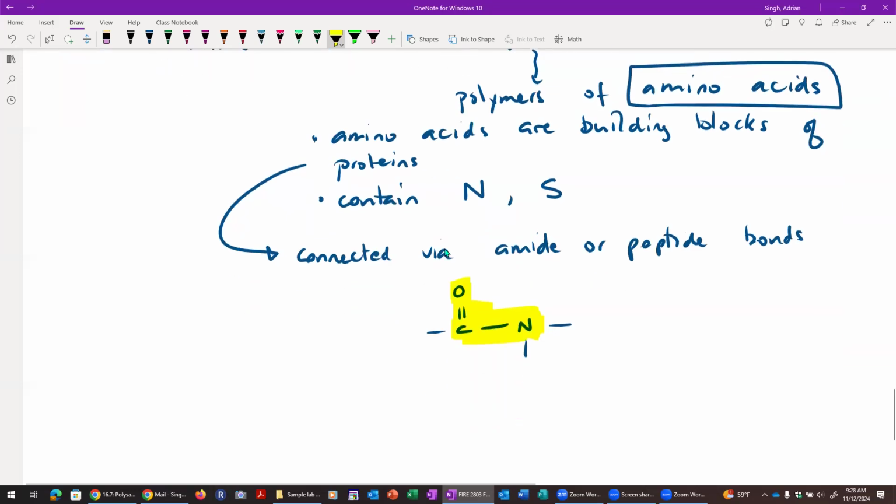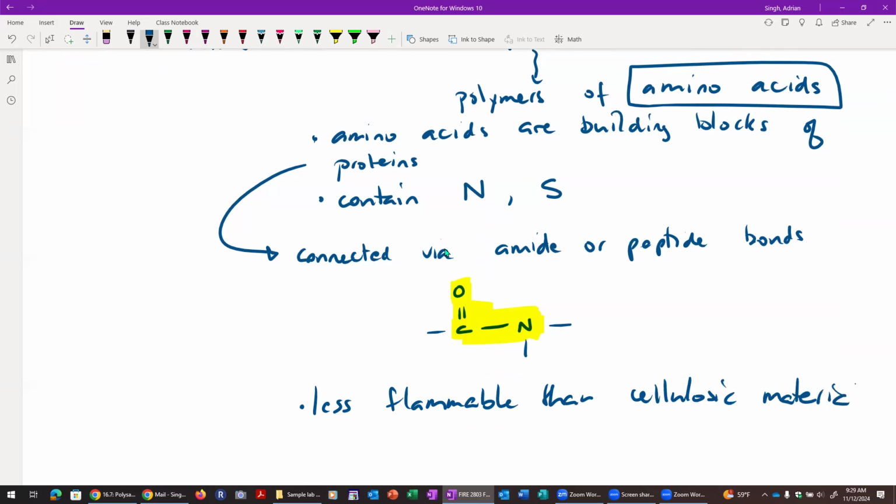So because you don't have as many oxygens in them as a carbohydrate, yes, they will burn, but they are less flammable than cellulosic materials. But they do burn in air under elevated temperatures, right?